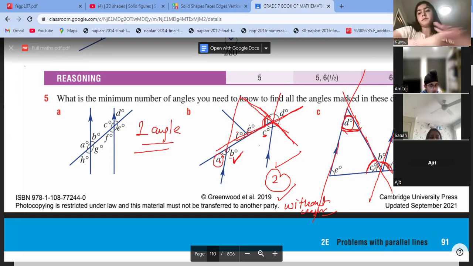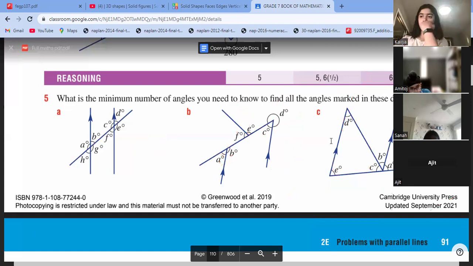So you can find out this angle C also. Now, these two are parallel lines over here. Angle E must be equal to angle A plus B. But how can you find out angle A in that case? So a minimum of two angles are required if you want to find out all the angles in this case also. Okay.